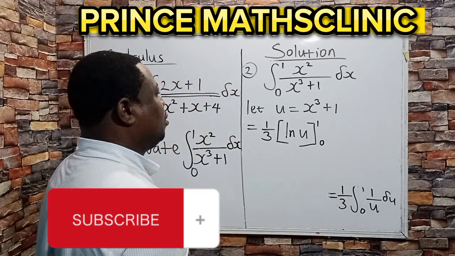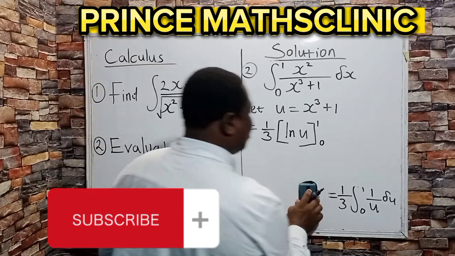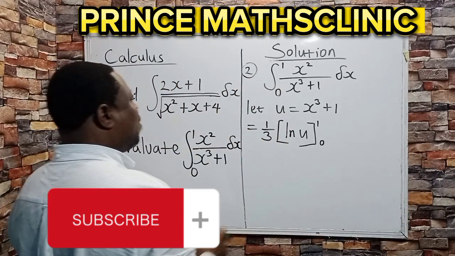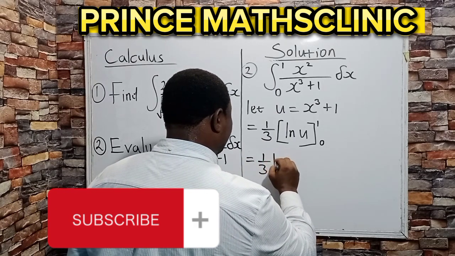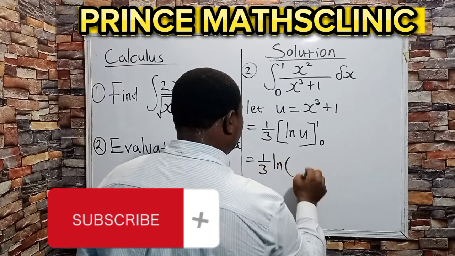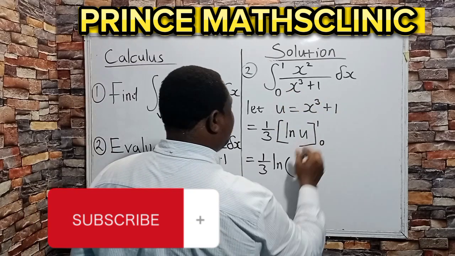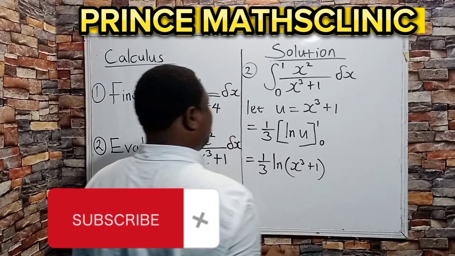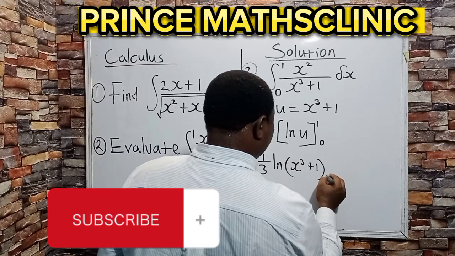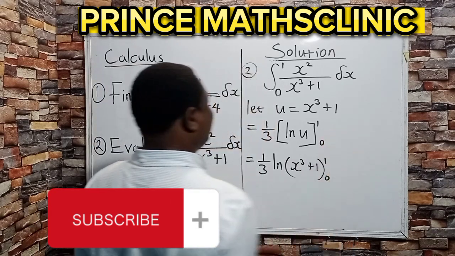Right? Therefore, we can now simplify. Remember that our u is what? x cubed plus 1. Then it has an upper limit 1 and lower limit 0.